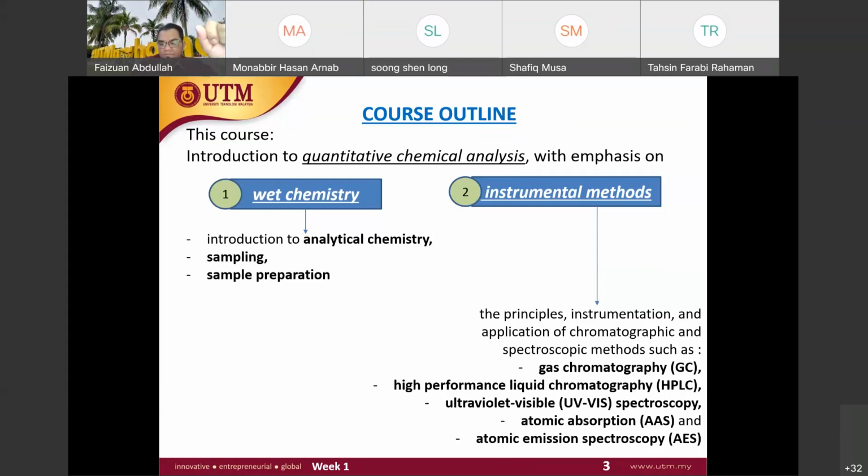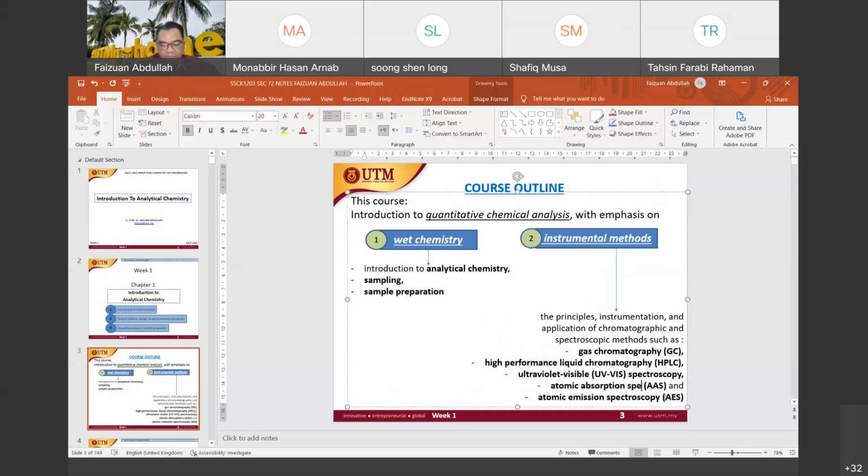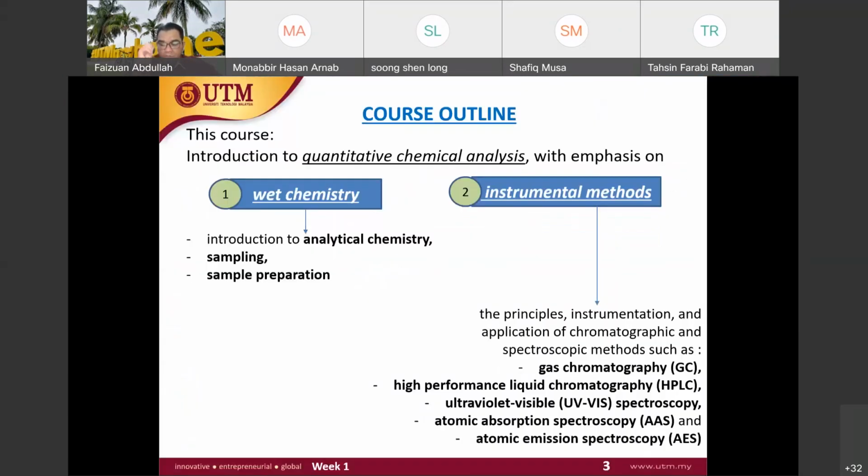Atomic absorption spectroscopy, AAS. We missed one more thing here, the word spectroscopy. It's also an instrument. Atomic emission spectroscopy is also an instrument. We humans create these instruments to analyze the sample, to know how much is the analyte.